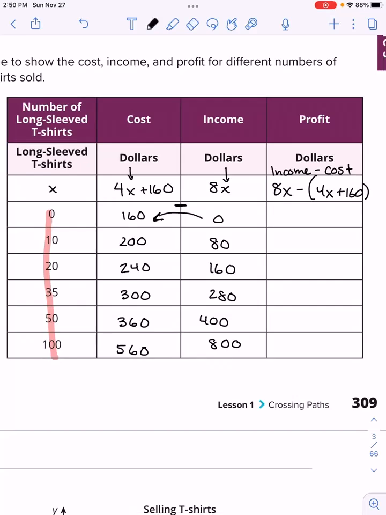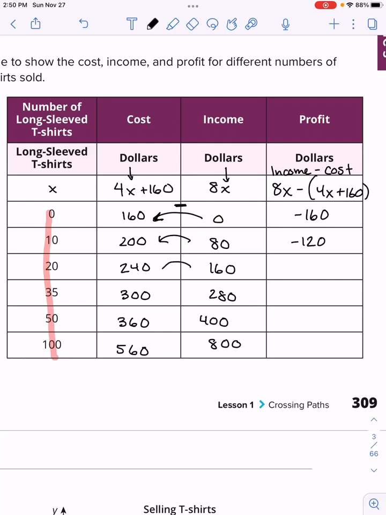Okay, so we're going to take 0 minus 160. So what this is saying is if we don't sell any shirts, we're out $160, right? So we're in debt. Let's go to the other one, 80 minus 200, that is negative 120. So we're going toward getting out of debt.